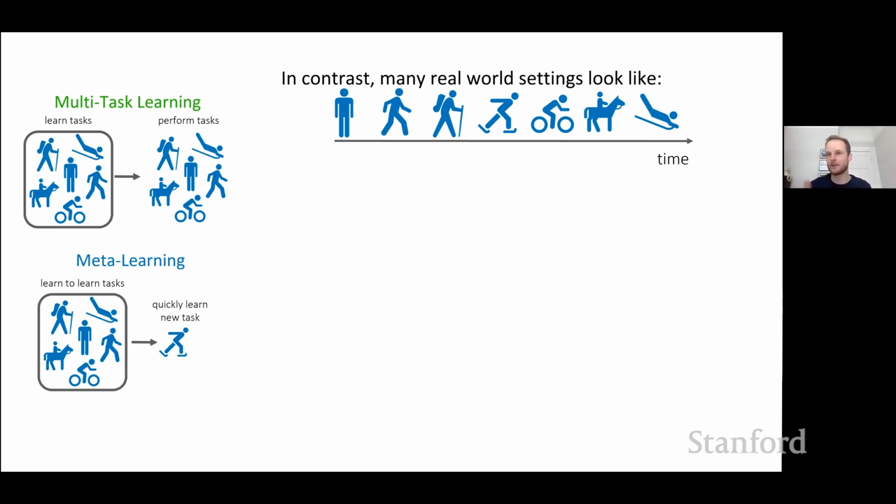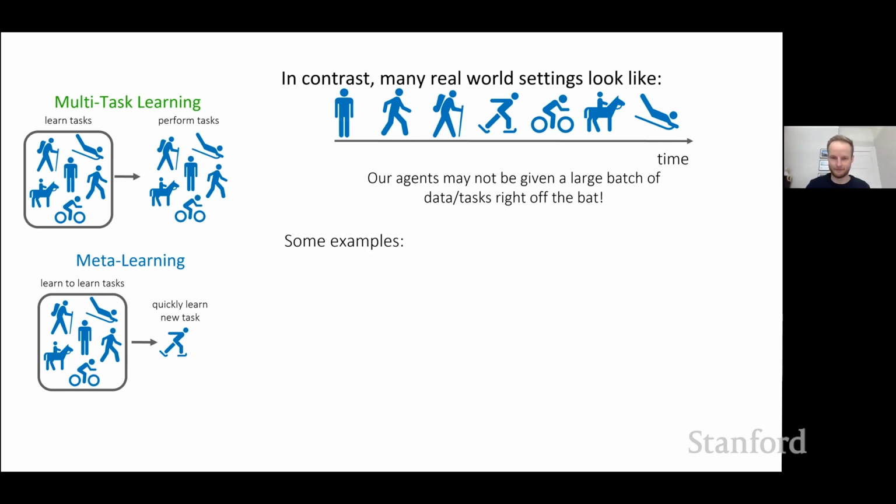And then you do this over time, and every now and then you're given a new task that you haven't seen before, and you're measured how well you're doing on that task, and you don't have all of the tasks up front available to you. So basically, our agents may not be given a large batch of data or tasks right off the bat. Instead, they're being revealed to you slowly over time.